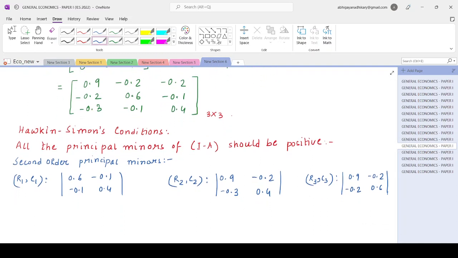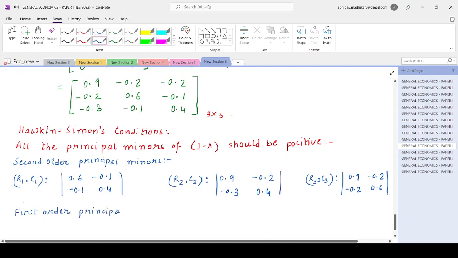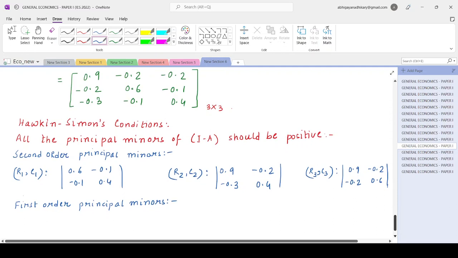So the second order minors are done. Now you come to the first order principal minors.